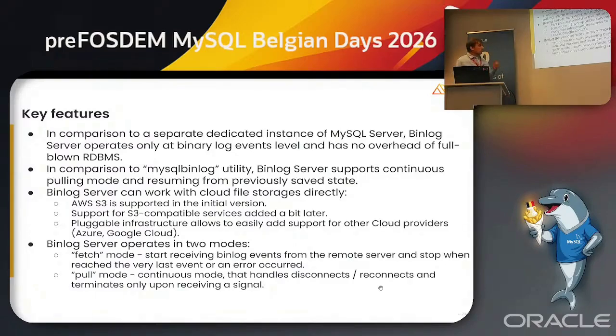We started with the native AWS S3 implementation, but very soon we realized that a lot of people ask for S3-compatible storages like MinIO, where we could specify a custom endpoint. We added support for that, and in general it's a pretty pluggable architecture, so if one day we want to add Google Cloud or Azure, for instance, we will be able to do this.